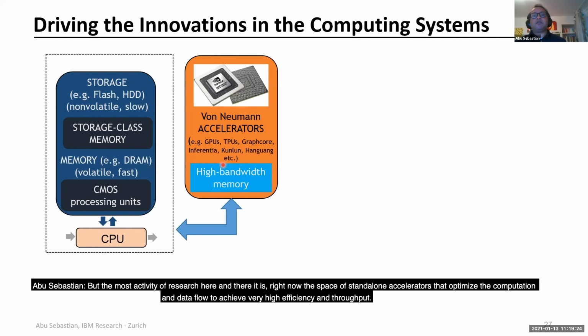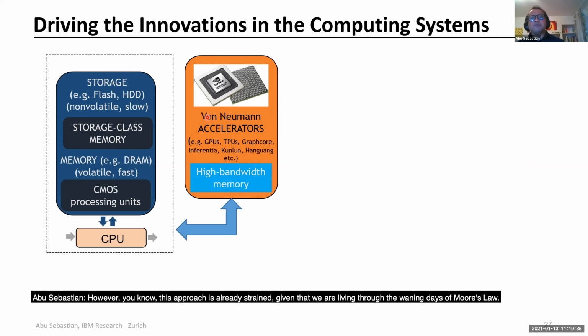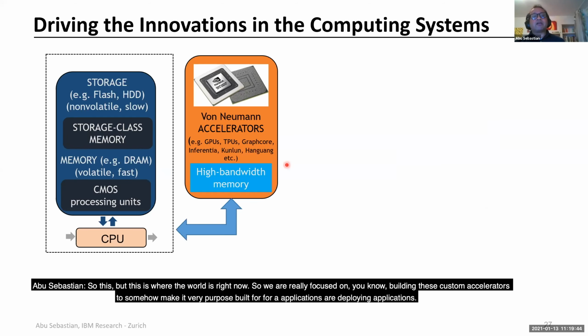But the most active area of research right now is in the space of standalone accelerators that optimize the computation and data flow to achieve very high efficiency and throughput. However, this approach is already strained, given that we are living through the waning days of Moore's law. But this is where the world is right now.